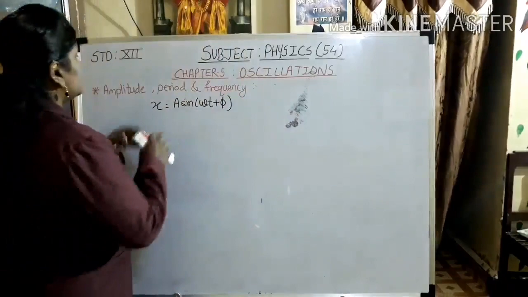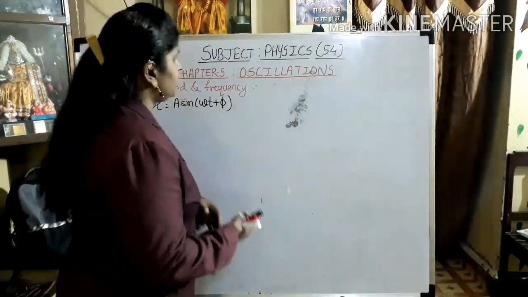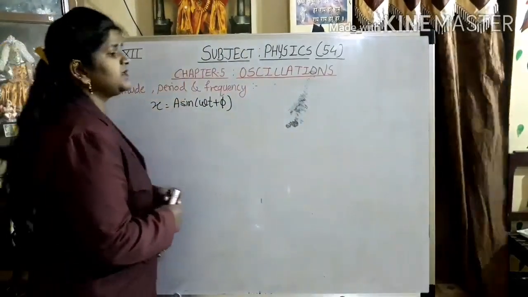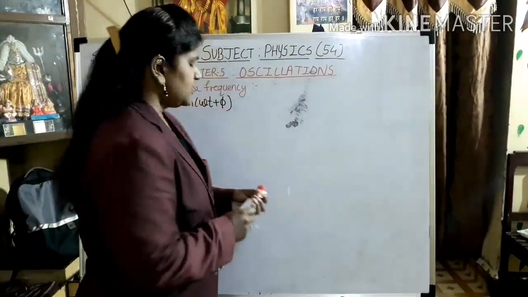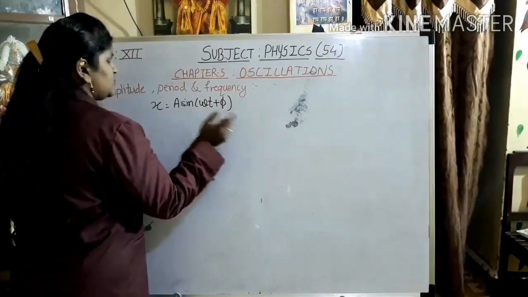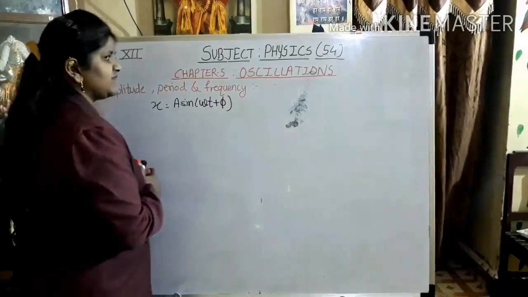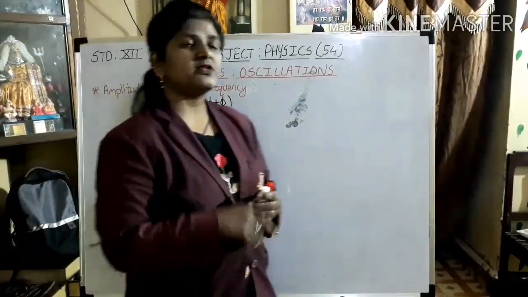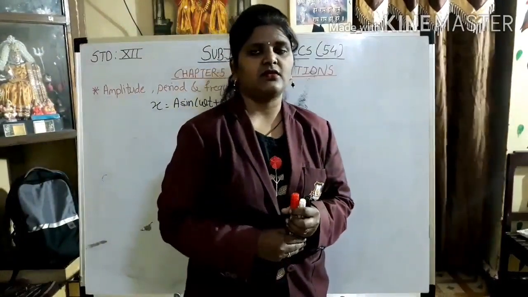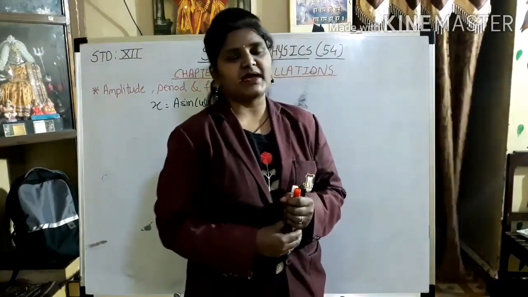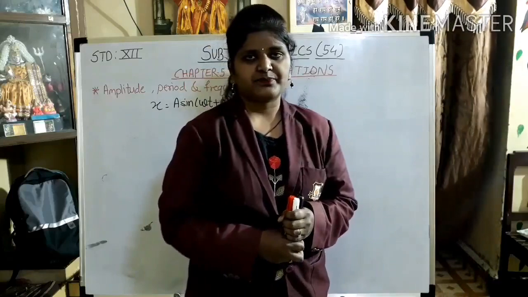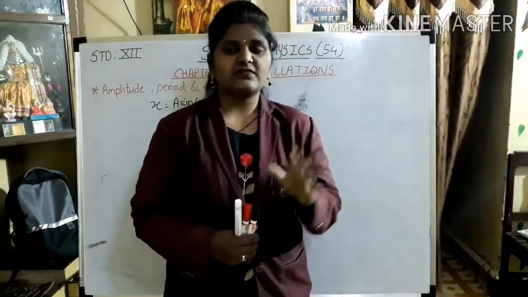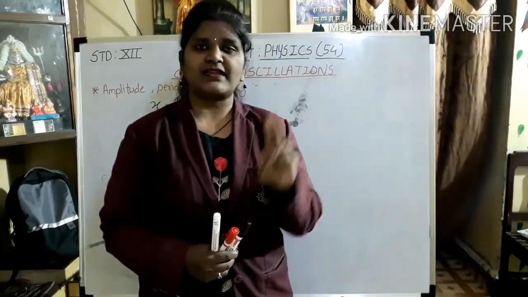So we are going to see in another way what the amplitude will be. Here you can see in this equation we have an angle, sin(omega t plus phi). So we have to know the maximum value of that angle. Which is the maximum value of sin theta? Maximum value of sin theta is 1 or minus 1.